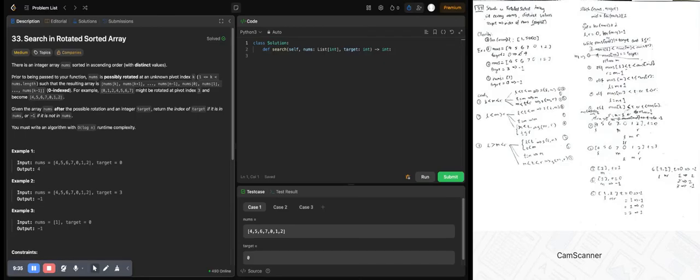Okay, so how do we do this problem? Okay, I think I got some idea. What we need to do is use a binary search algorithm. The problem is how do we apply the binary search?